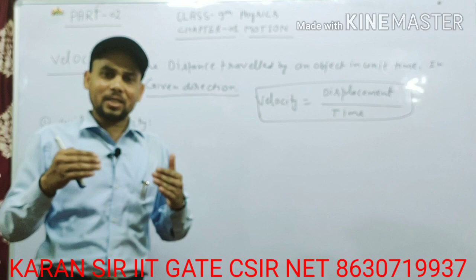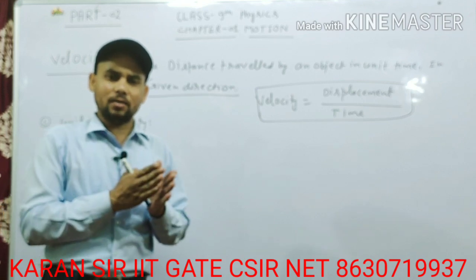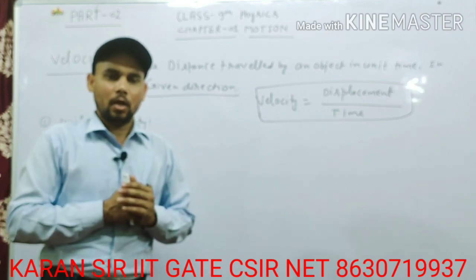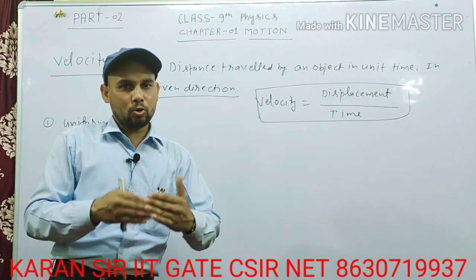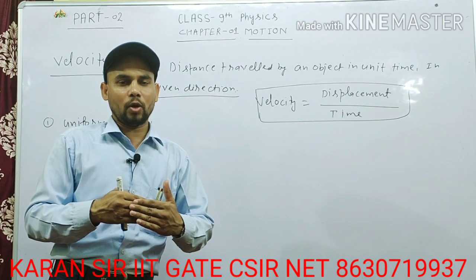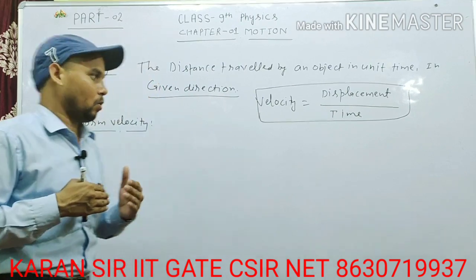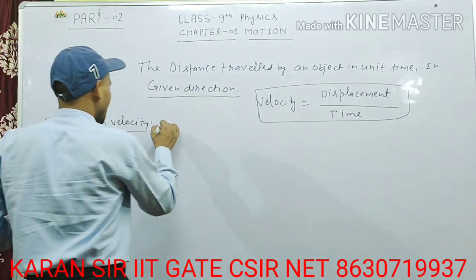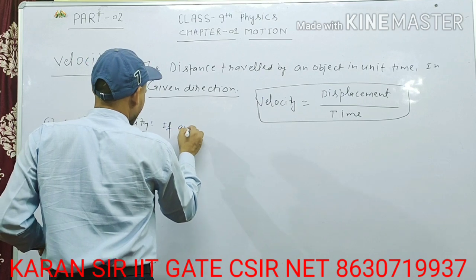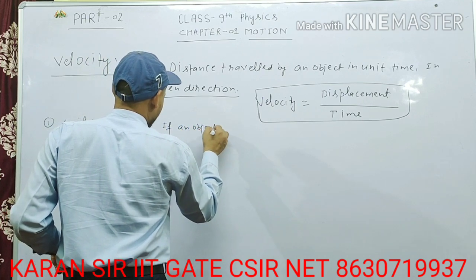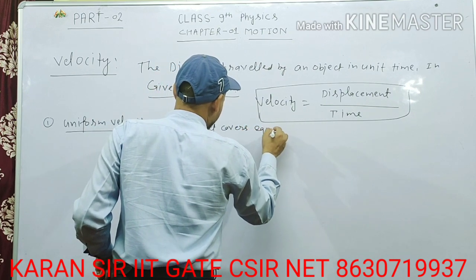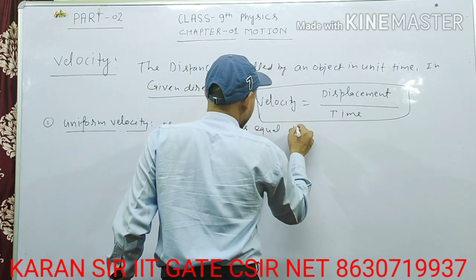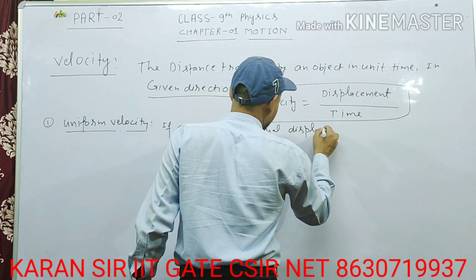Okay, here we take the displacement in place of distance. जब आपने स्पीड को डिफाइन किया था तो वहां पर डिस्टेंस ली थी, और जब यूनिफॉर्म वेलोसिटी को डिफाइन करेंगे तो यहाँ क्या लेंगे, डिस्प्लेसमेंट. ओके, सिर्फ द डिफरेंस है, if an object covers equal displacement, वहां डिस्टेंस लिया था, यहाँ डिस्प्लेसमेंट लेंगे.